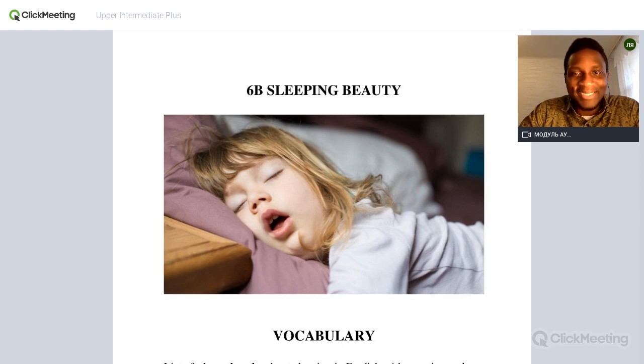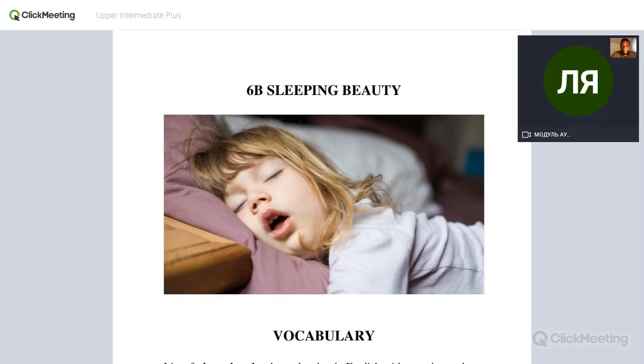And Yanina, what time do you go to bed? It depends. When I have to wake up early, I go to bed maybe at 11 o'clock. But when I know that tomorrow I can sleep longer, I can go to bed at 12.